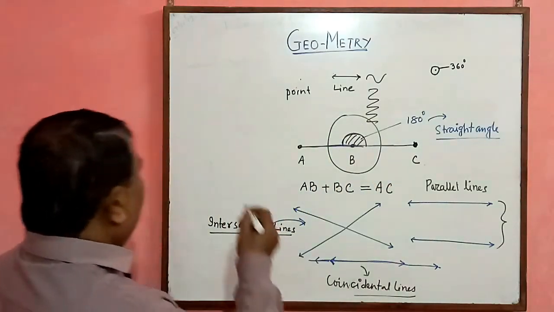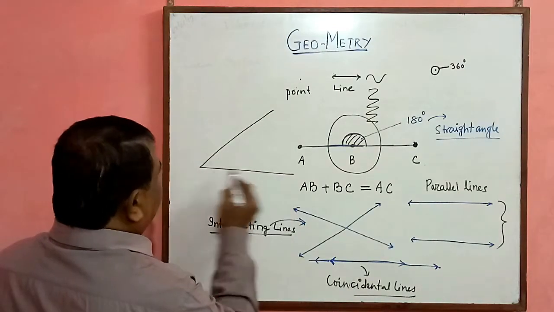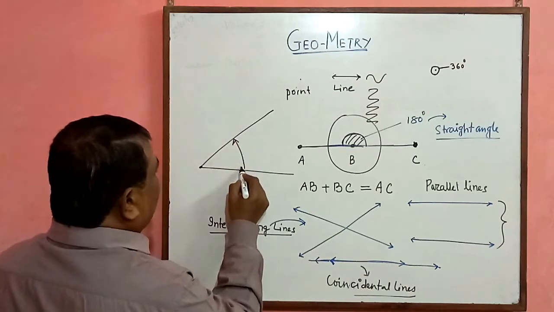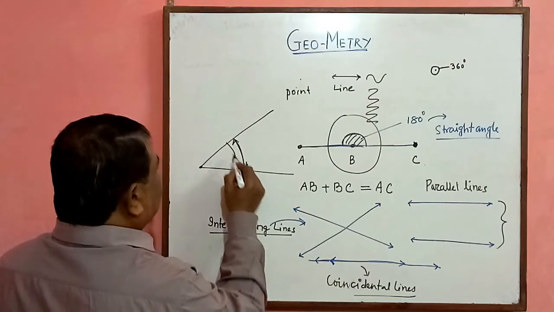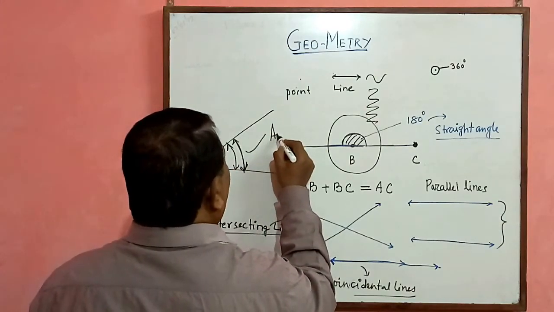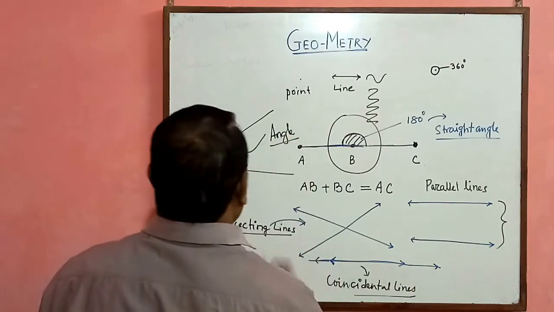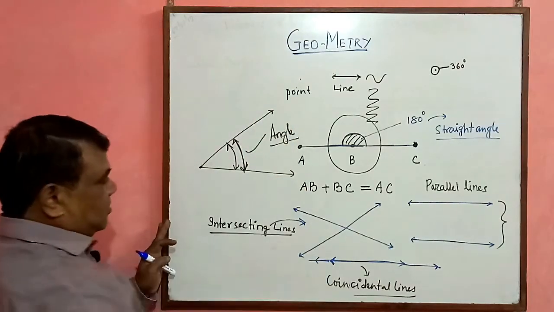Now, if two lines meet at a point, then the space between them, up to this much, is an angle. Angle forms with two lines.